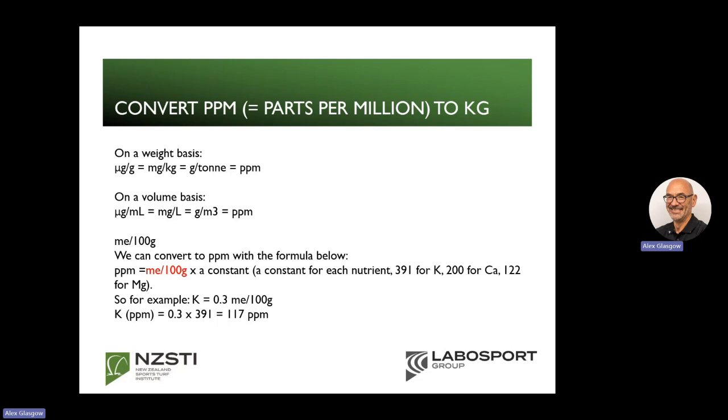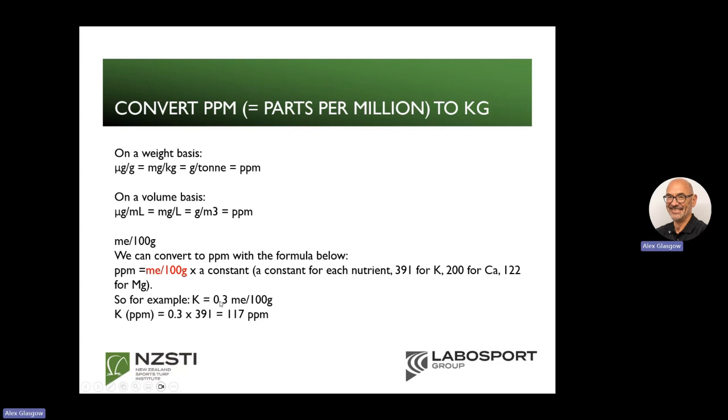So parts per million equals the milliequivalents per 100 gram number from the soil test result times a constant, and the constant is different for each nutrient. So 391 for potassium, 200 for calcium, and 122 for magnesium. So for example, we can just do a calculation.